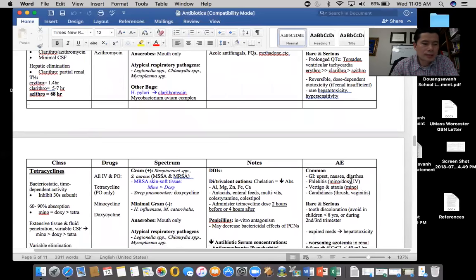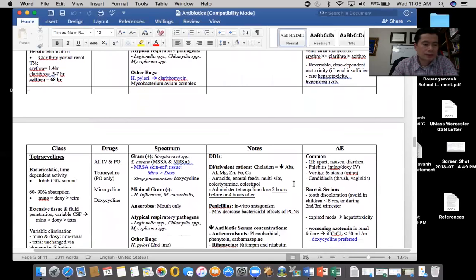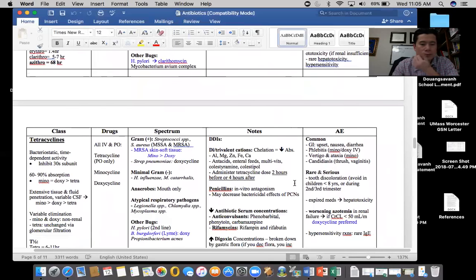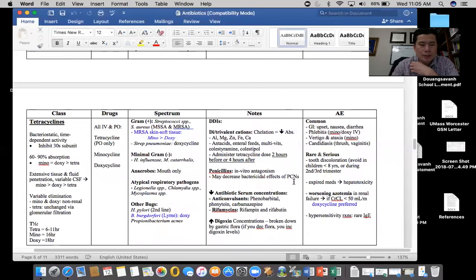Tetracyclines include tetracycline itself, minocycline, doxycycline. These are used for gram-positive streptococci species. It's 69% absorption. Let me also look at this. The antibiotic levels can be decreased when somebody's using some kind of anti-seizure med.